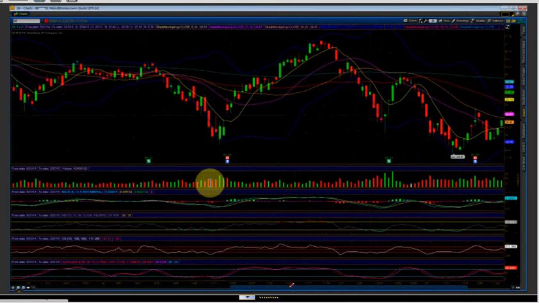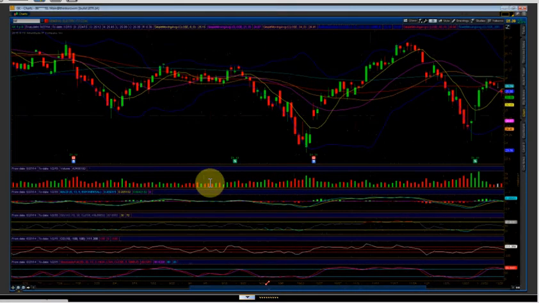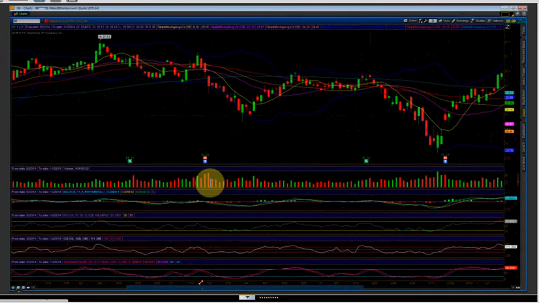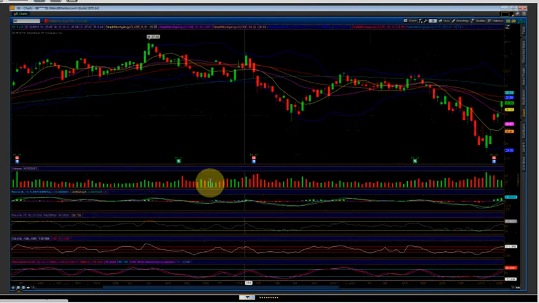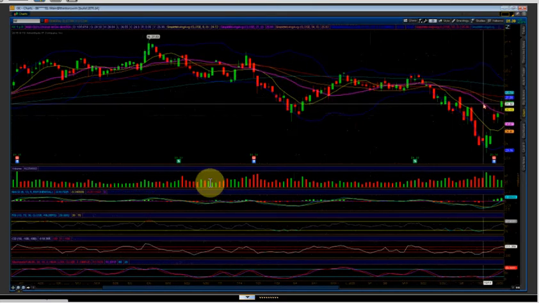I'm going to scroll this over a little bit so people can see kind of what I'm talking about. Do you see where on this day you crossed over that pink line, which was the center of the Bollinger Bands? Does everybody see that?